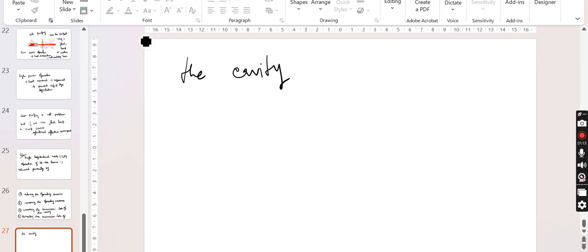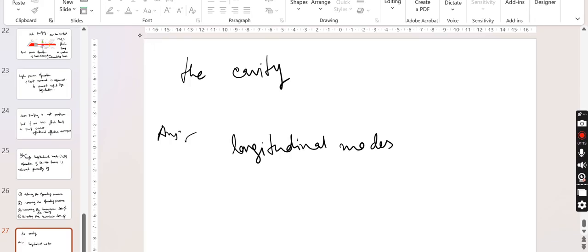So the longitudinal mode spacing is given by c by 2L in the laser cavity.